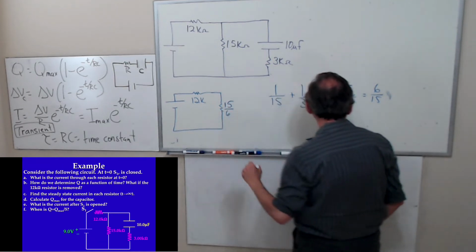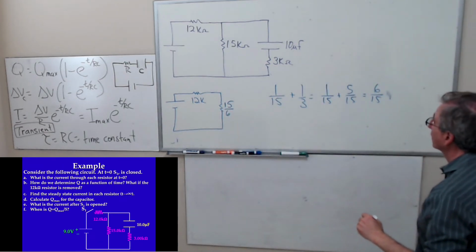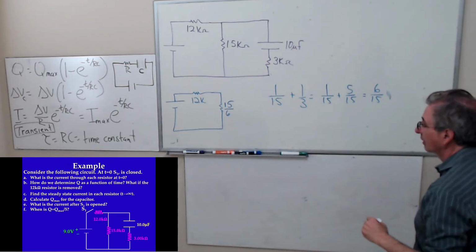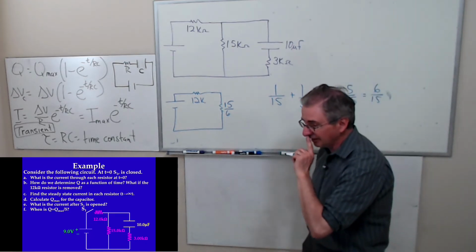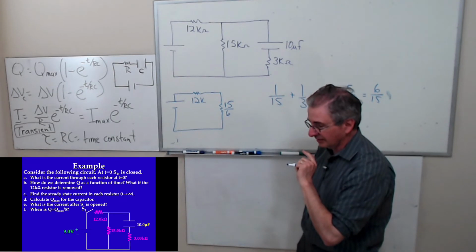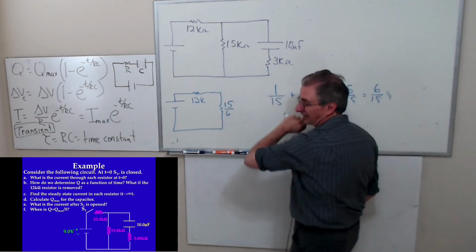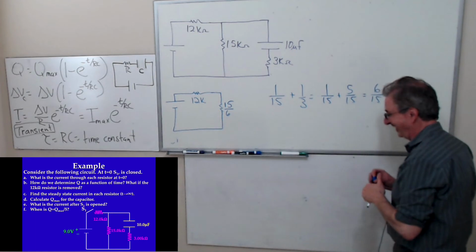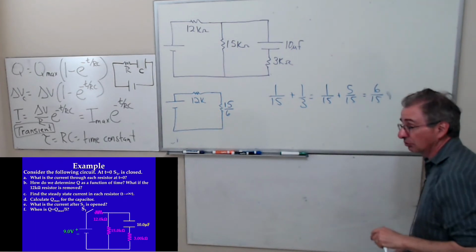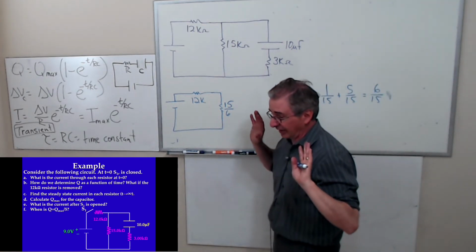Wait, I'm sorry. How are they in parallel if there's a capacitor there? Is that not interfering with that? What is t? Equals 0. So how does this behave? Never mind. Okay. I see. You're right. After t equals 0, I can't do that.